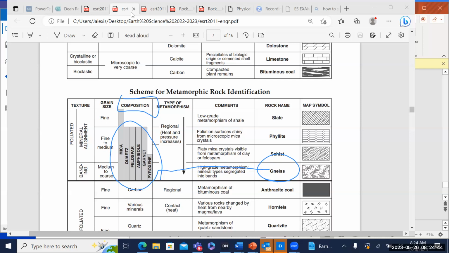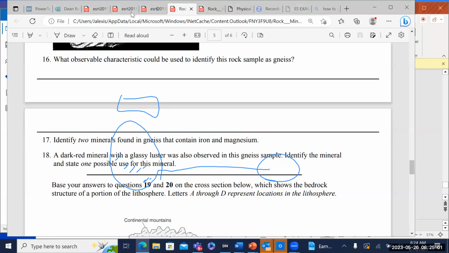That means the minerals are mica, quartz, feldspar, amphibole, garnet, and pyroxene. So we have 6 minerals that we have to test for what the question asks, which is iron and magnesium. Out of those 6, which ones contain iron and magnesium?